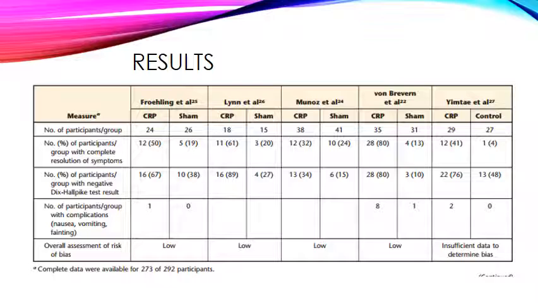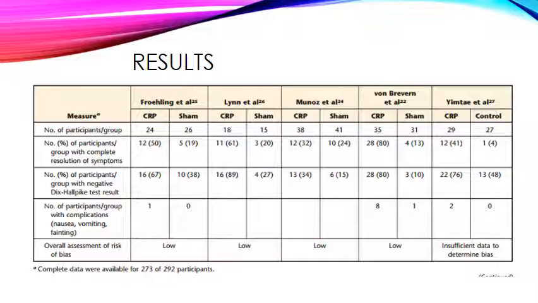This table shows the outcomes of each of the 5 studies. Looking at the results here, you can see that there was a significant improvement in symptoms after treatment. In the first study, 50% of the participants had a complete resolution of symptoms, and 67% had a negative Dix-Hallpike test after treatment. In the second study, 61% had a complete resolution of symptoms, and 89% had a negative Dix-Hallpike test.